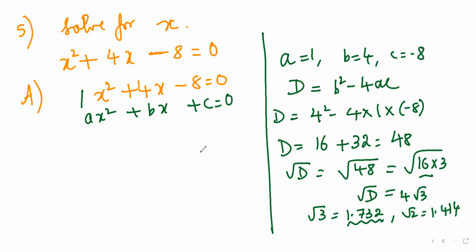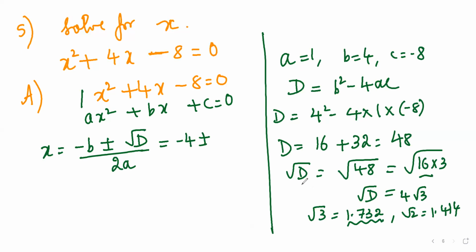Now let's go and solve this. x is equal to minus b plus or minus root of d over 2a. So that's minus 4 plus or minus root of d.